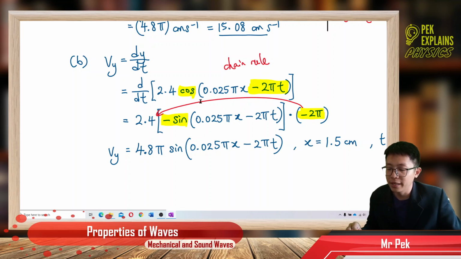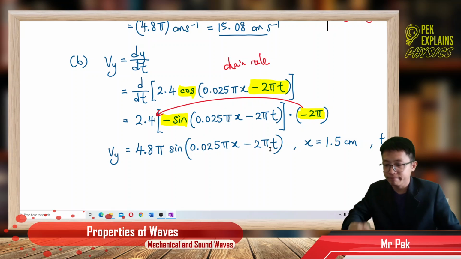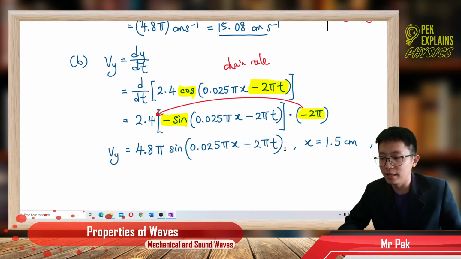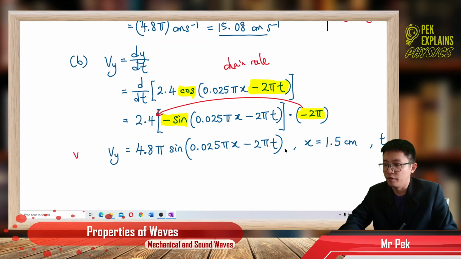And then 2 pi times 2.4 gives you 4.8 pi. And then the rest, sine of kx minus omega t. So you get the velocity formula. This is the velocity versus time formula.